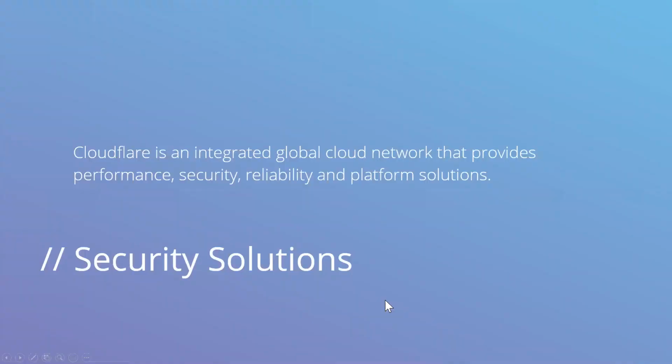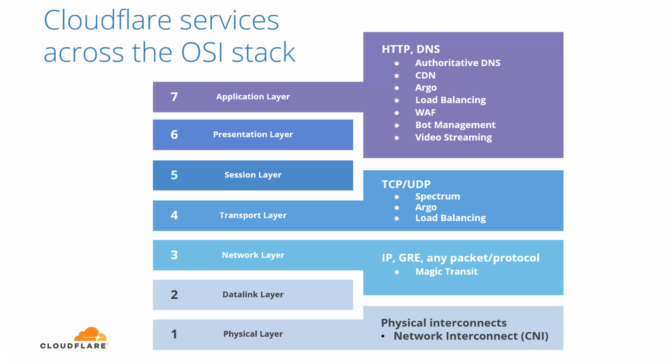So what are Cloudflare security solutions? Based on the OSI layers, Cloudflare solutions span from layer 1 to layer 7. Starting with layer 7, we provide the CDN, authoritative DNS, WAF, load balancing, Argo. On top of that, we add additional features, bot management, as well as video streaming.